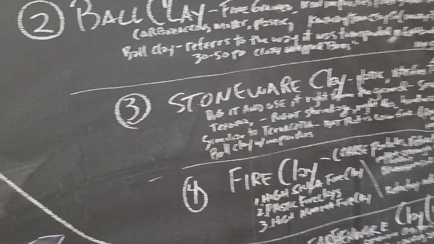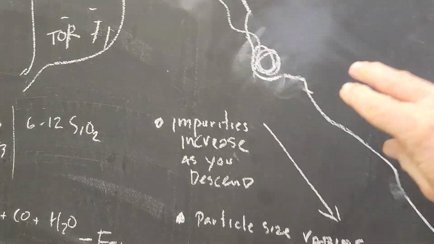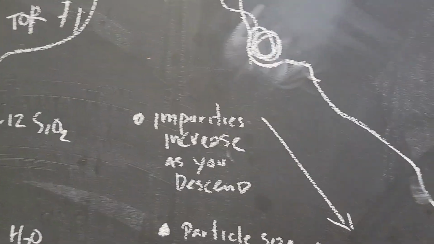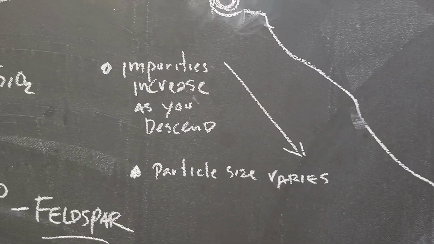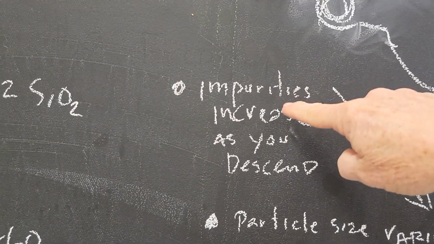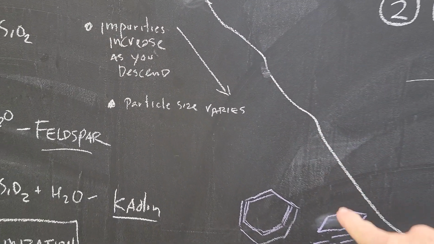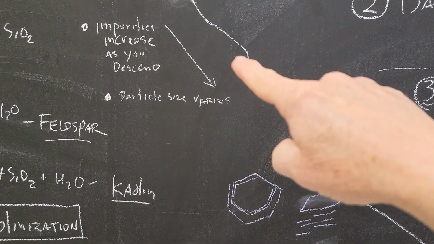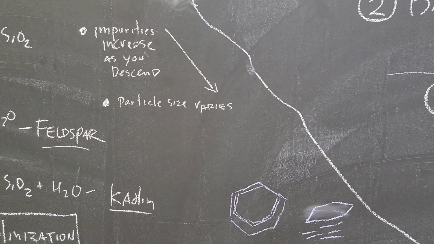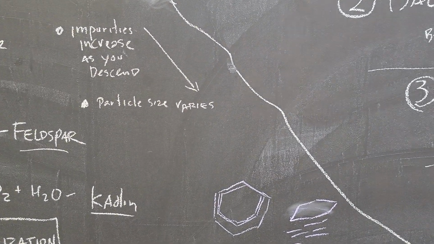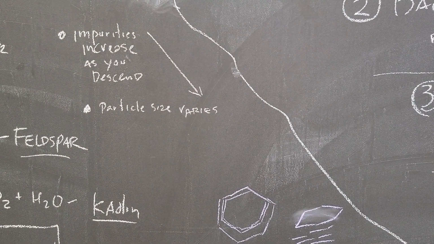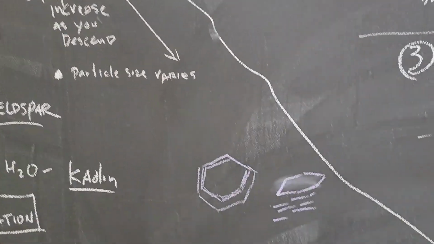So now we'll do ball clay. As this kaolin, or clay, is washed down, it'll be moved even further and collect impurities. As you go down in this diagram, which is very primitive, you get increasing impurities: iron, calcium, chunky bits, titanium, all kinds of stuff is washed down.